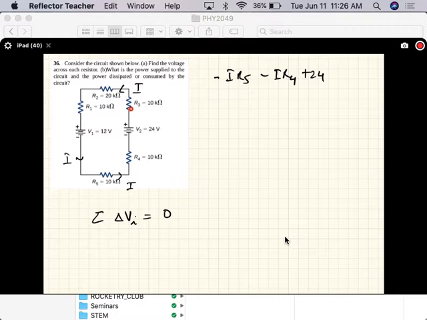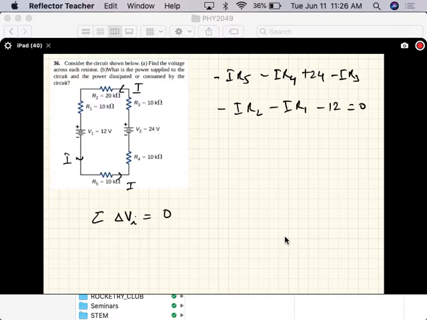Then again, minus IR3. The next term is minus IR2, minus IR1. And then when you go across this element, you're going from high to low voltage, so that's minus 12. And all that should add up to 0.